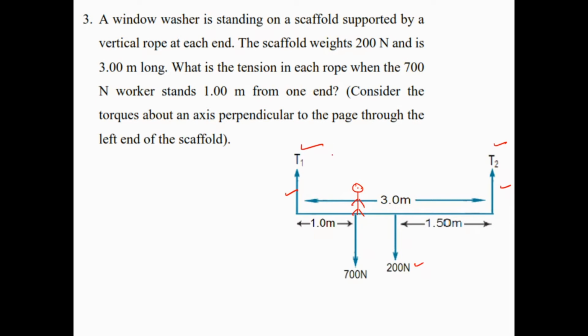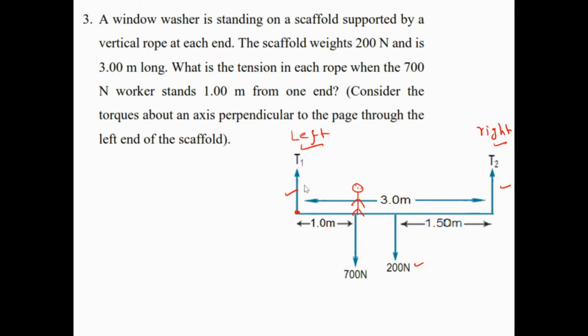And the most important thing, you have to fix the axis of rotation. If you read this question, they said, consider the torque about the axis perpendicular to the page through the left end of the scaffold. So this side is the left side, this side is the right side. So the axis of rotation we have to consider is from the left hand side. Clear?